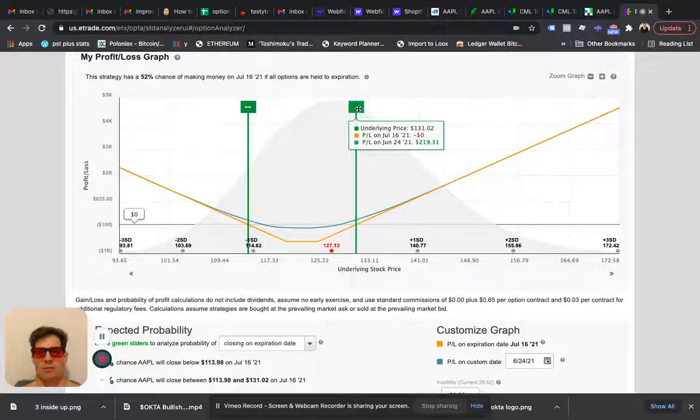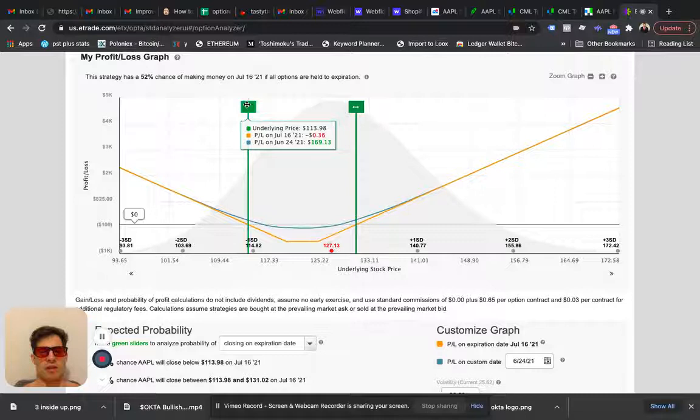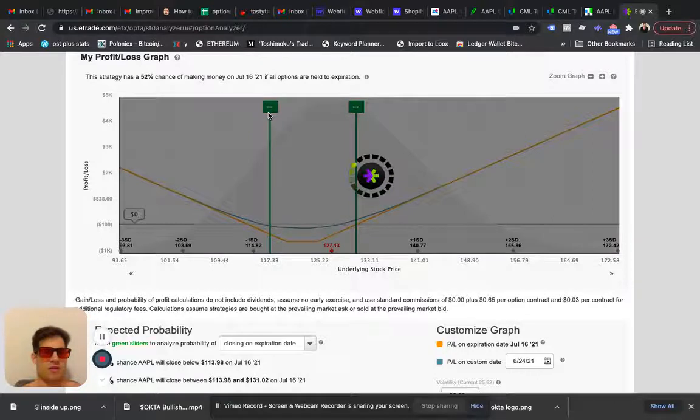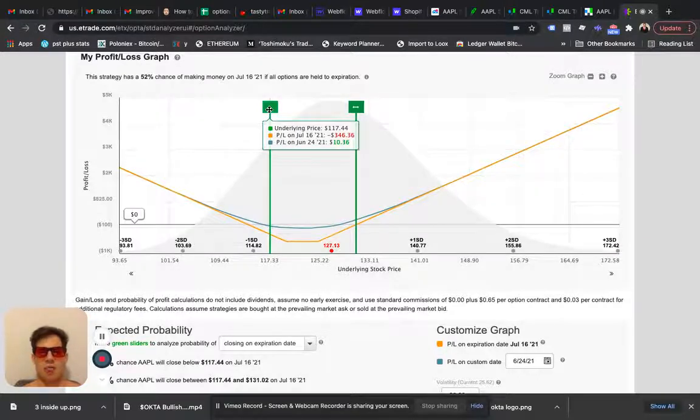Basically, if we get a spike in volatility between now and then, the options will rise in price. Let's look at two weeks from now, if we break to the downside. If we hit the 117 mark, we're going to be profitable on the 24th.